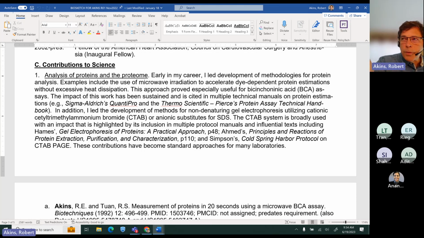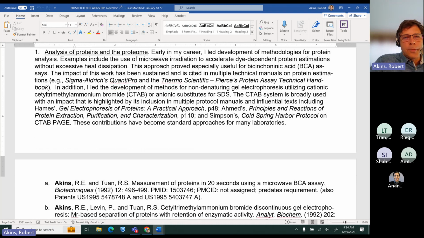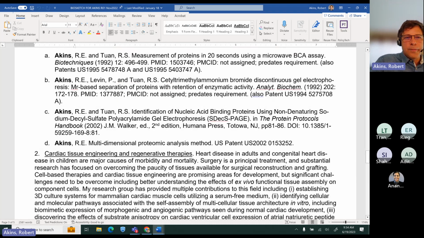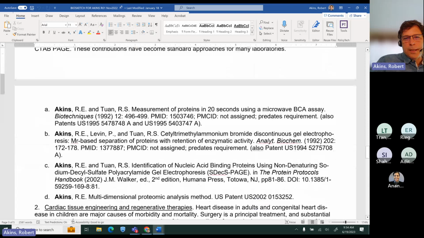I haven't looked or worked on this in a very long time, but the technologies that I developed are used commonly. It turns out they're used a lot in plant labs for some reason. I don't know why, but they're used fairly commonly, and they're noted in multiple different kinds of texts and instructional manuals. So that's the context of the contributions to science.